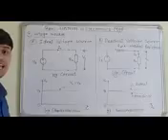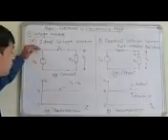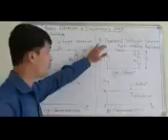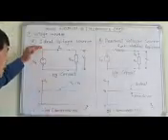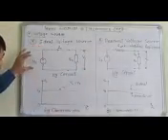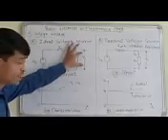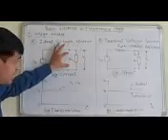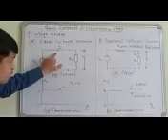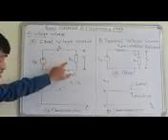Now we will see the types of voltage source. First one is the ideal voltage source and the second is the practical voltage source. So what is an ideal voltage source? See here in the circuit, Vs is the source voltage, VL is the load voltage appearing across load resistance RL. Then IL is the load current flowing through the load resistance.